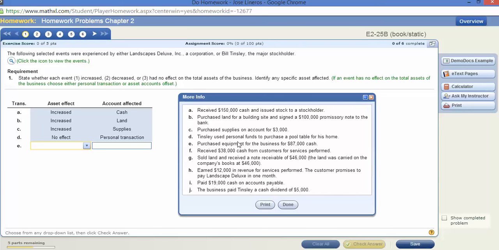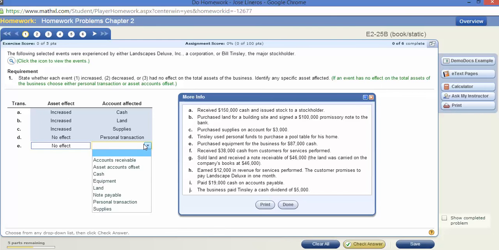You can see how this is not going to have an effect on total assets, because sure, equipment is going to go up, but correspondingly, $87,000 of cash is going to go down. Now, if they had bought this equipment on a note or on accounts payable, then liabilities would go up and assets would go up. But this is basically just an exchange of one kind of asset for another kind of asset. Cash is going down by $87,000, which is part of total assets, and equipment is going up by $87,000. So this has no effect.